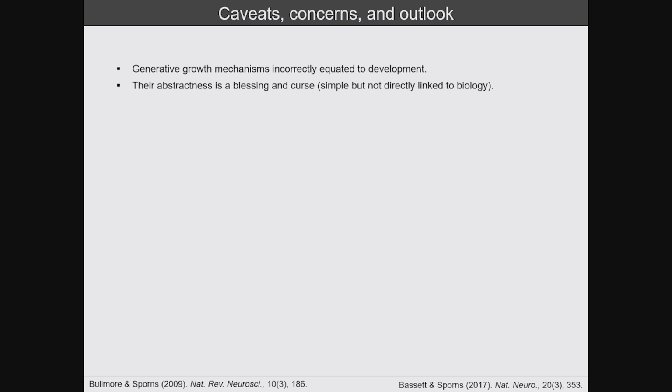They're not trying to model development. Their abstractness can be a blessing in the sense that it allows us to incorporate lots of different terms and fit them really simply, but it also presents a challenge, because the abstractness makes it not particularly linked to developmental mechanisms.